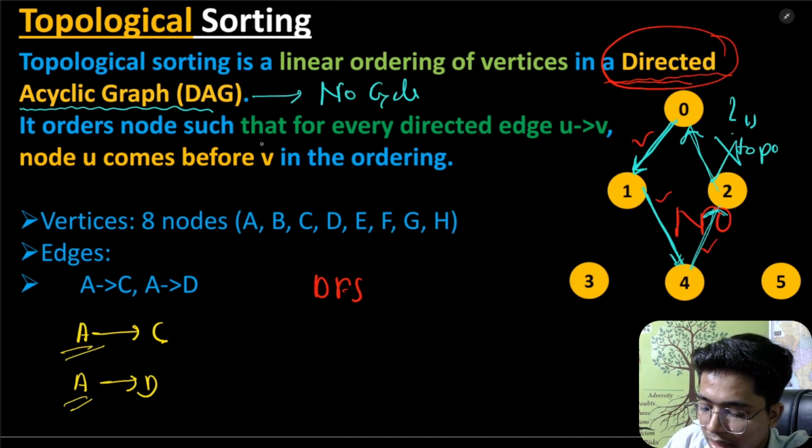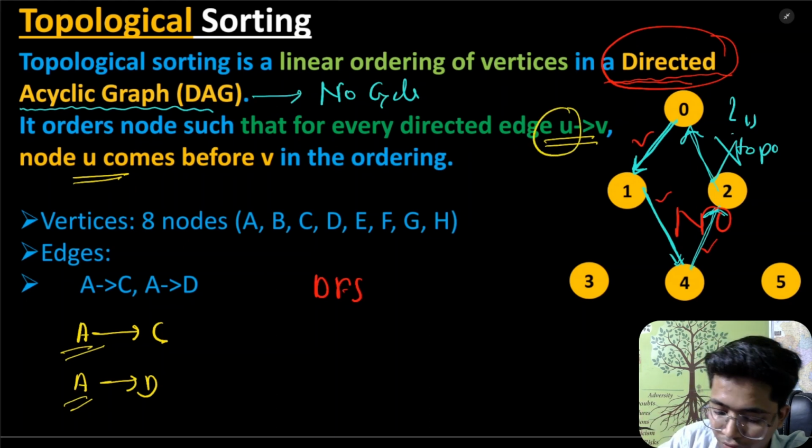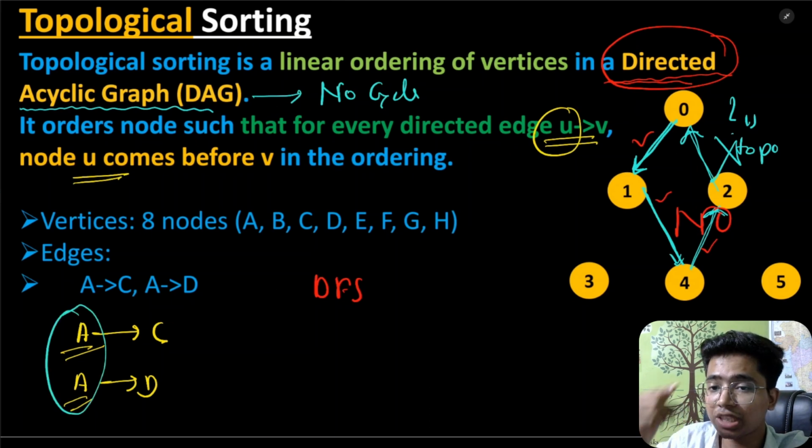It orders nodes such that for every directed edge u to v, node u must come before v in the ordering. So we have to consider this first element, which will always get the first preference.